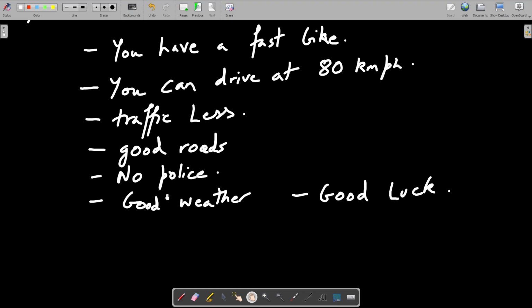Now see what happens sometimes is there are problems over here. They have fast engines, don't worry, the engines are very fast and very powerful. They are around 25,000 cc.